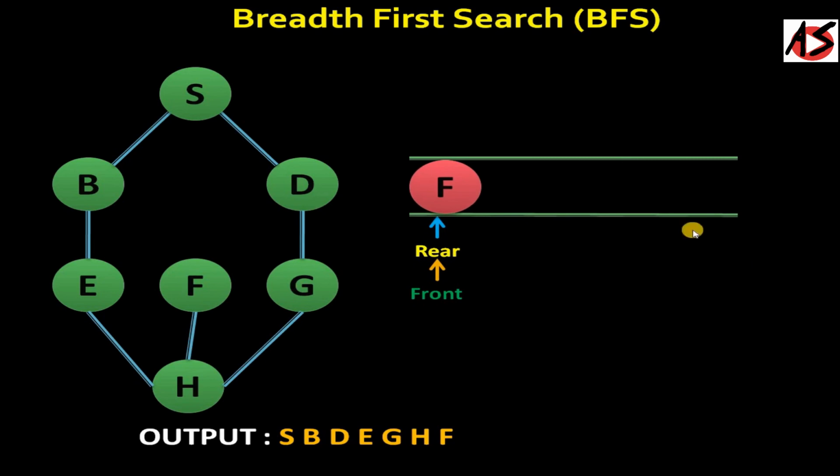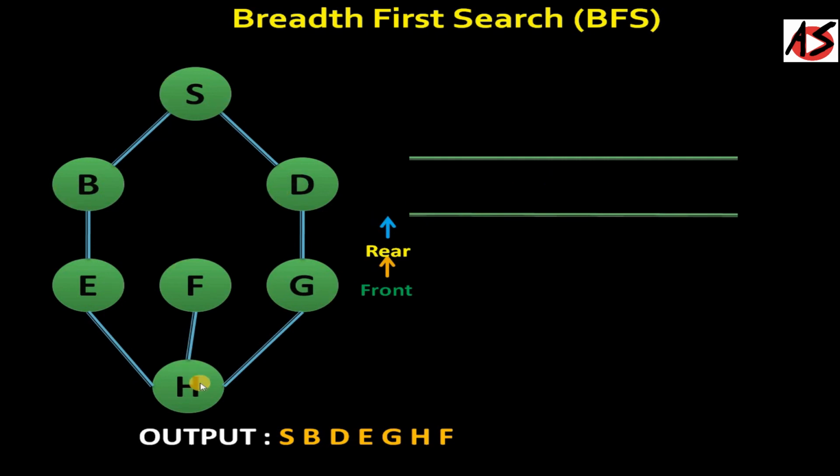It is marked as visited, and you can see F in the output. Now from the queue you delete F and set rear and front to -1. When you have deleted F, its adjacent node is H only, which is already visited, so no need to insert anything. At last you can see the entire queue is empty and you have visited all the nodes.